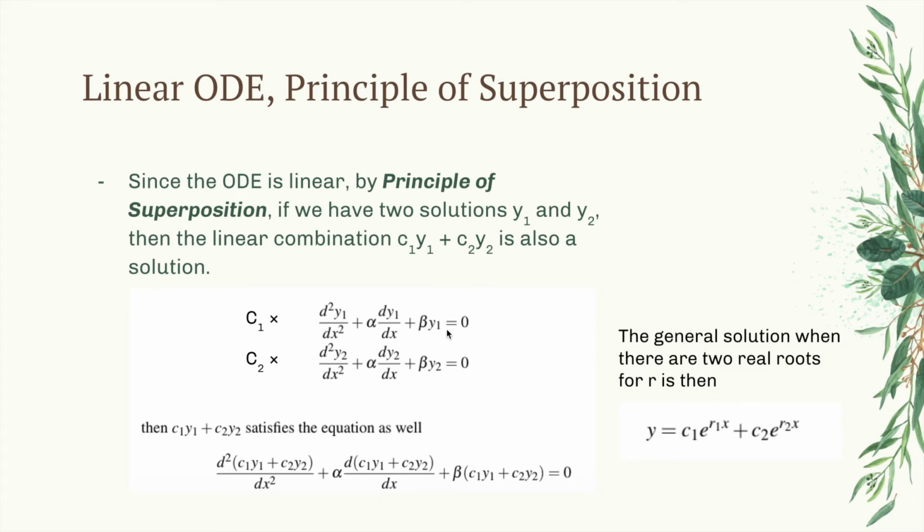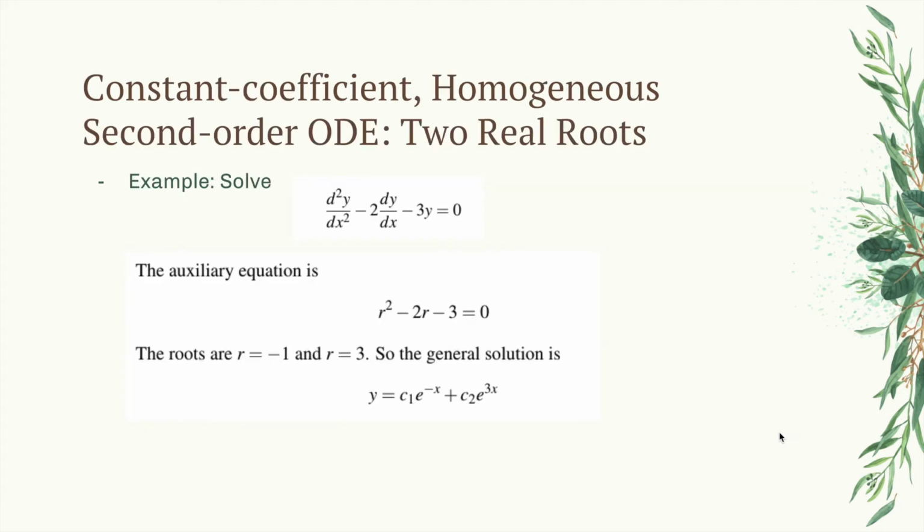Take c1 times the first equation and c2 times the second equation and add them up, and we arrive at this, which shows that c1y1 plus c2y2 also satisfies the equation. The general solution would then be c1 e to the r1x plus c2 e to the r2x.